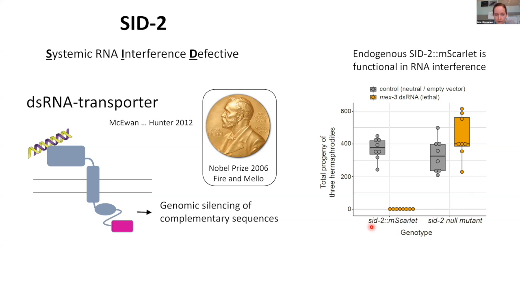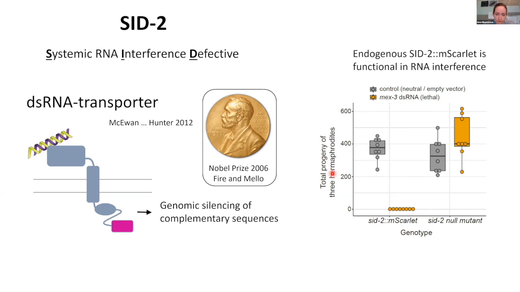So when they absorb double-stranded RNA, the gray color shows neutral double-stranded RNA, and yellow is something that is highly lethal. Knockdown of the MEX3 gene is lethal, and so you can see that our reporter was able to absorb this double-stranded RNA, and no progeny was produced.